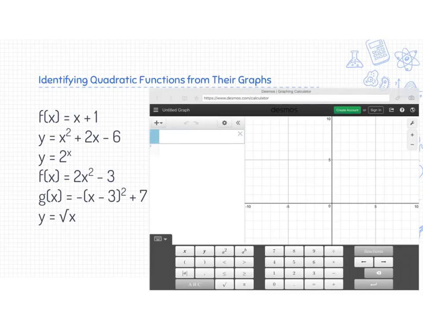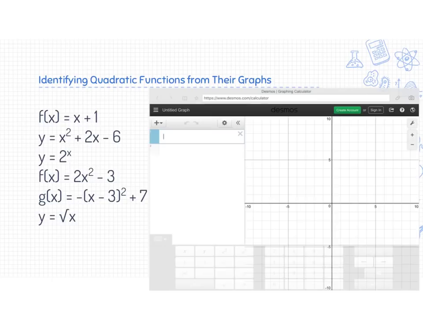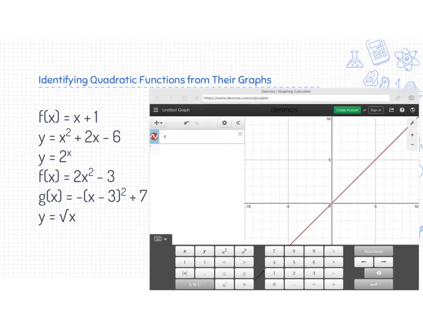So first, let's identify a few graphs and identify if they're quadratic functions or not based on their graph. So the first one is x plus 1, which as we look at that is just a linear graph.